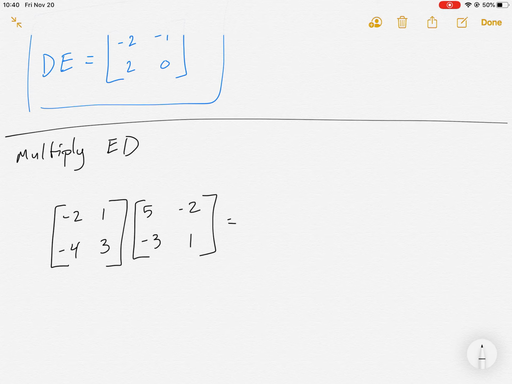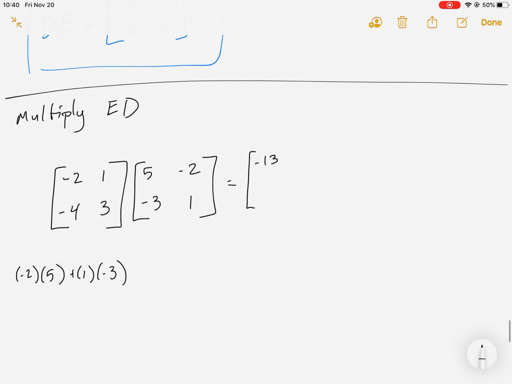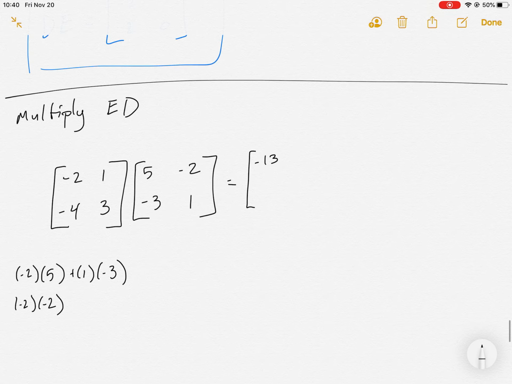And so in the very first position, I'm going to have negative 2 times 5 plus 1 times negative 3, which would give me negative 13. In the next position, I'm going to have negative 2 times negative 2 plus 1 times 1, which is going to give me 5.